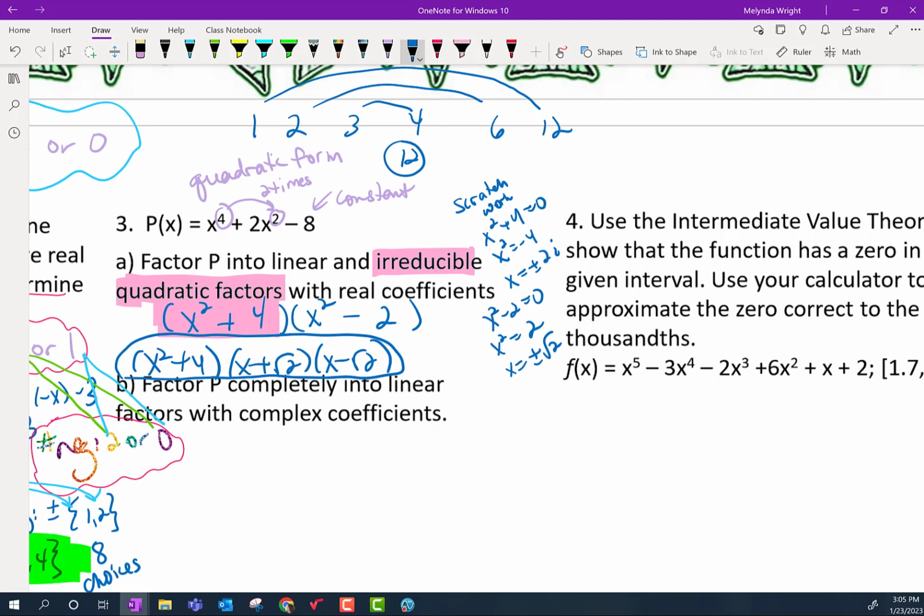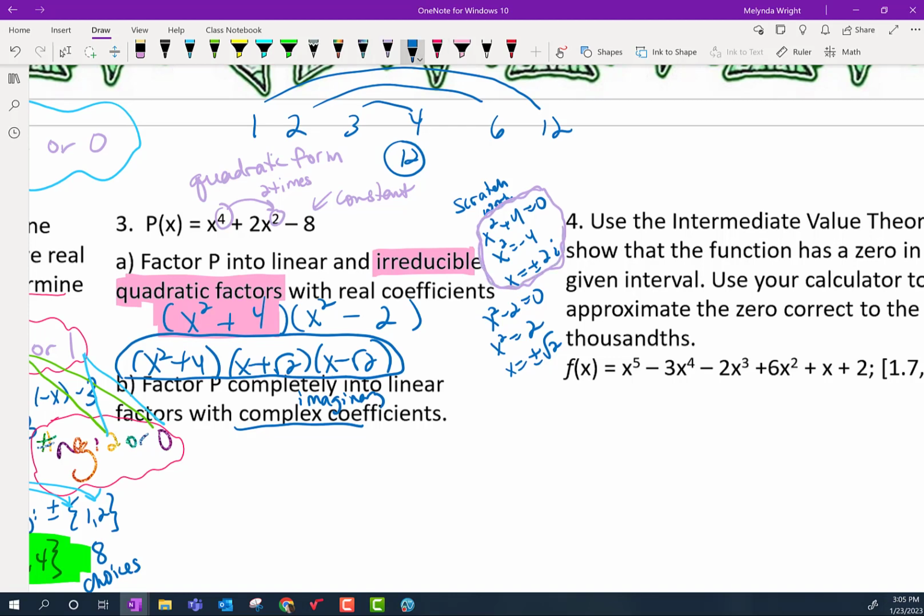Okay. Part B asks us to go all the way into linear with complex. Complex means imaginary. So we're going to go all the way to imaginary. So I'm going to take my x squared plus 4, and we can see what happened up here with the x squared plus 4 right here.